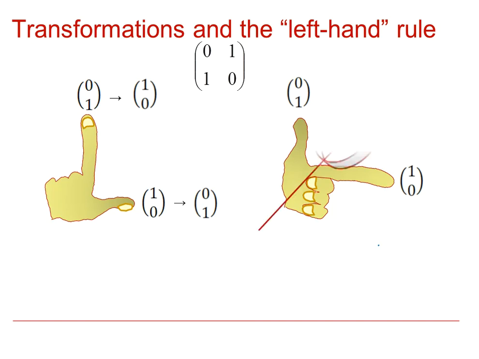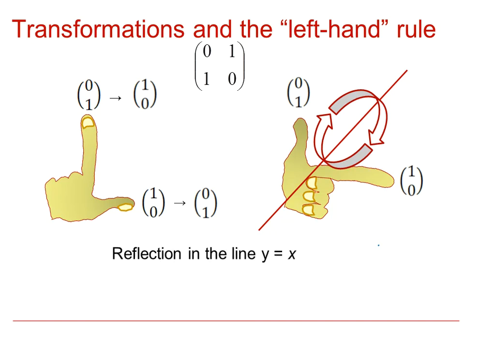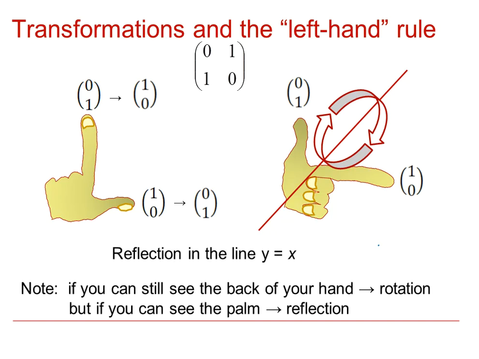In other words, it's a reflection in the line y equals x. Nice little note here. If you can see the back of your hand after the transformation, then you know it is a rotation. If you can see the palm of your hand after the transformation, then you know it has been a reflection.